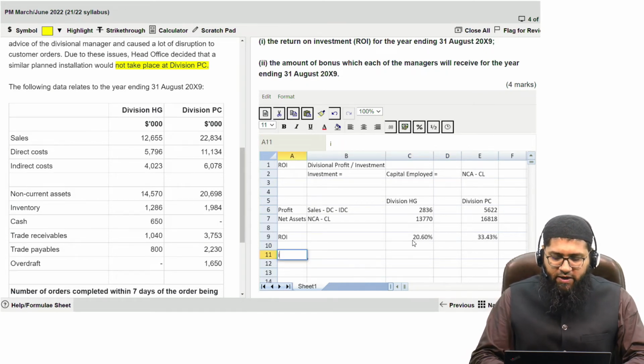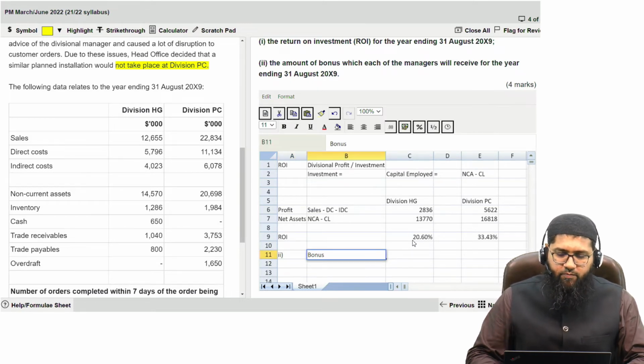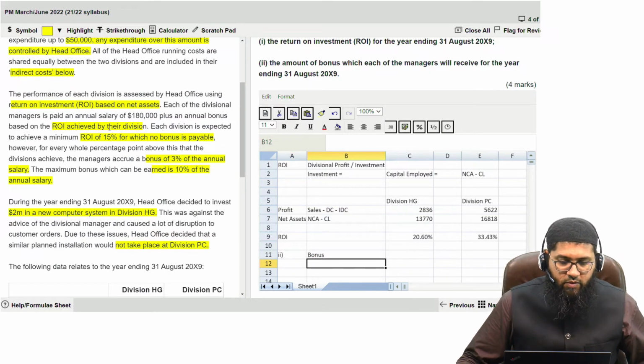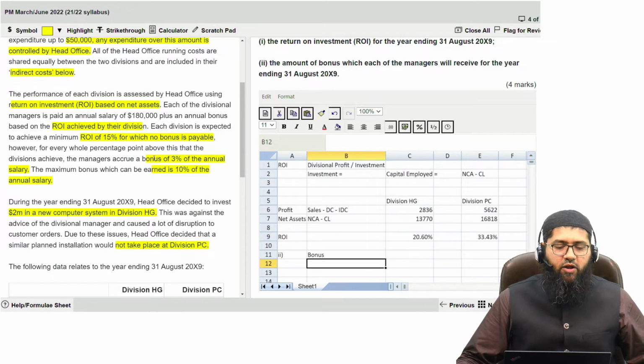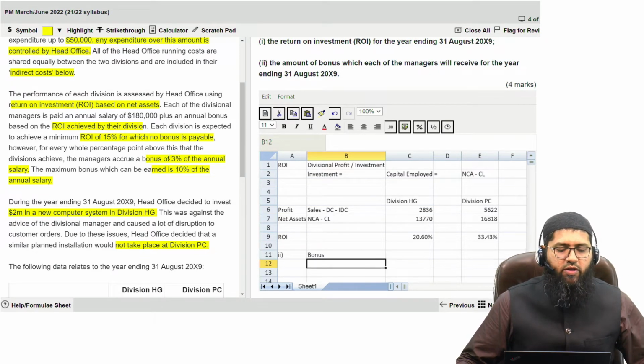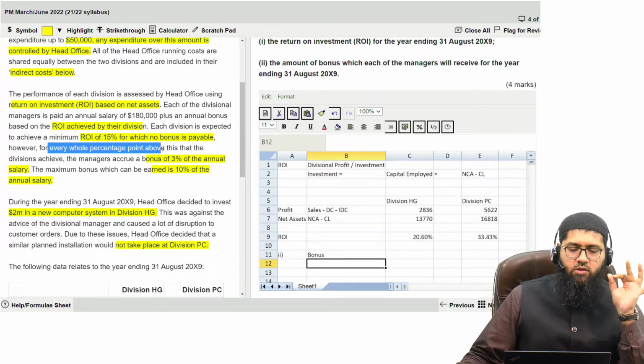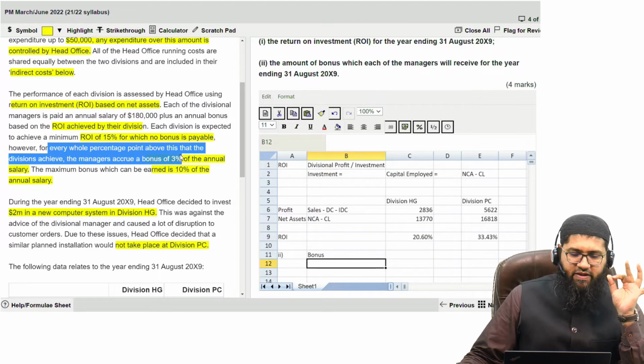That was part 1 of the requirement. Now part 2, when we have to calculate the bonus. The managers accrue a bonus of 3% of the annual salary for every whole percentage above the target that the divisions achieve.